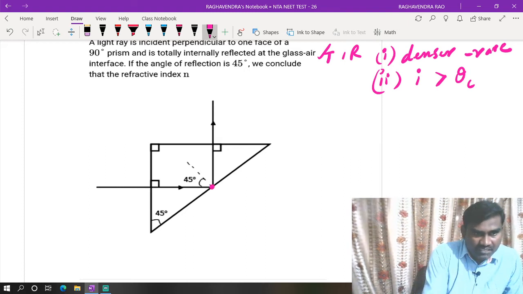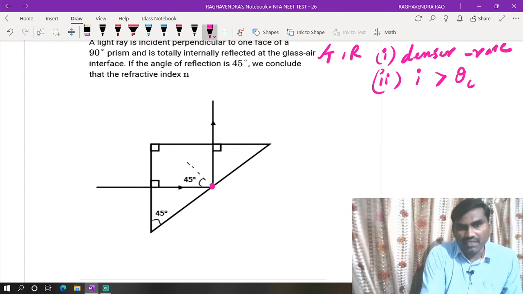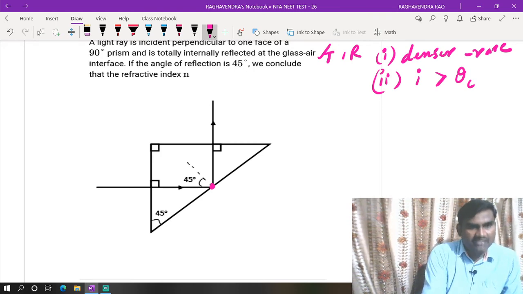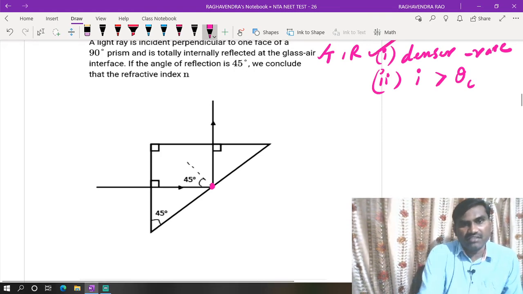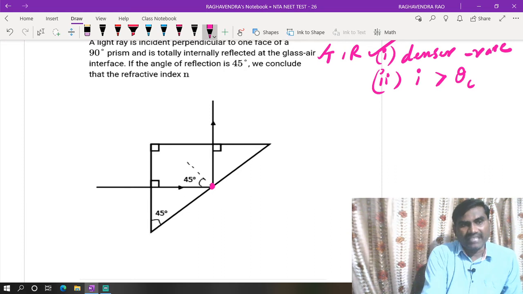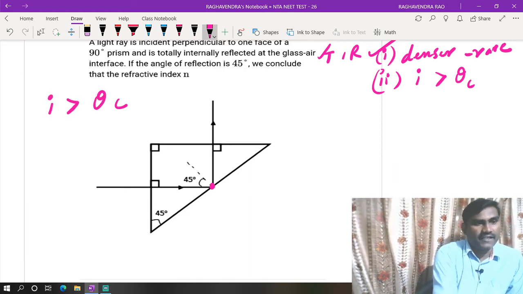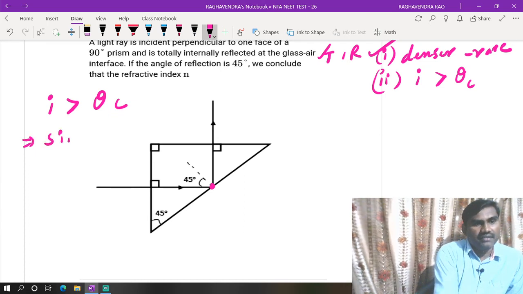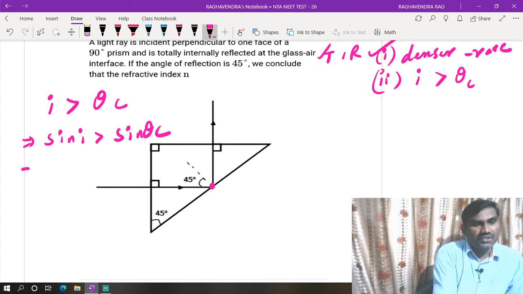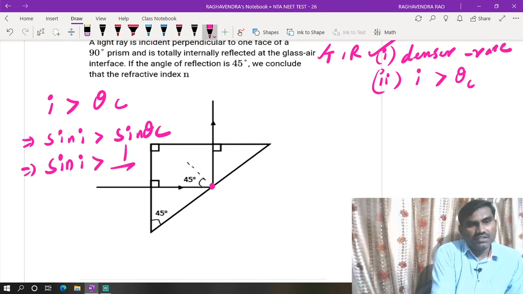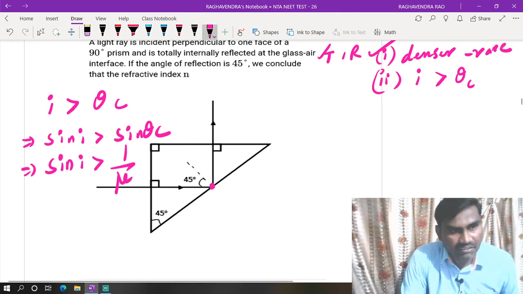Now, at this point, the ray will get total internal reflection, which means it is going from denser to rarer medium. First condition is valid. So from the second condition we can say angle of incidence should be greater than critical angle. That means sin i is greater than sin theta c. So sin theta c will be equal to the reciprocal of the refractive index.